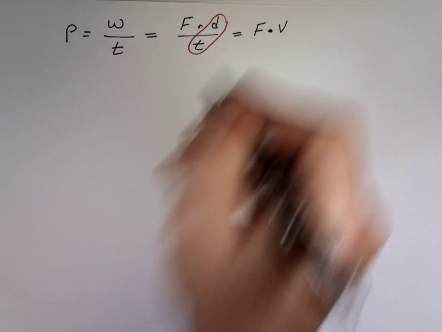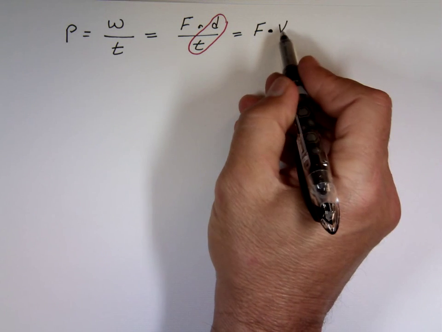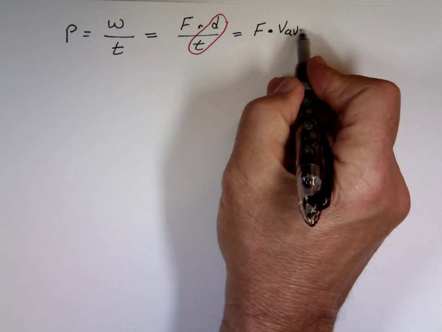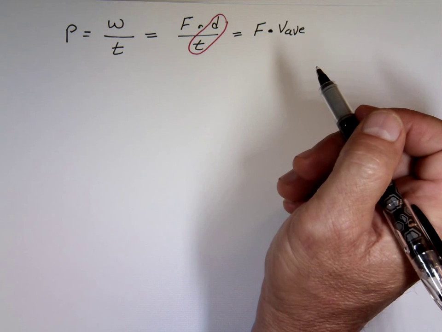When we say velocity, we're talking about average velocity, because we're talking distance over time.